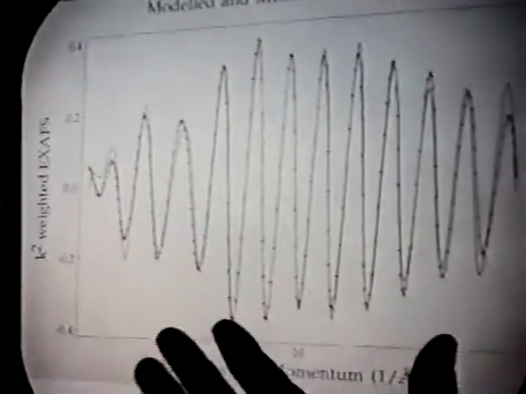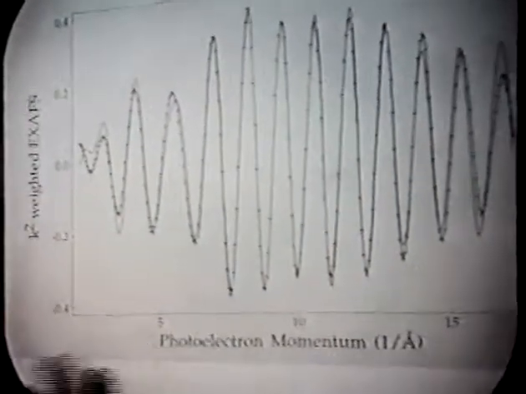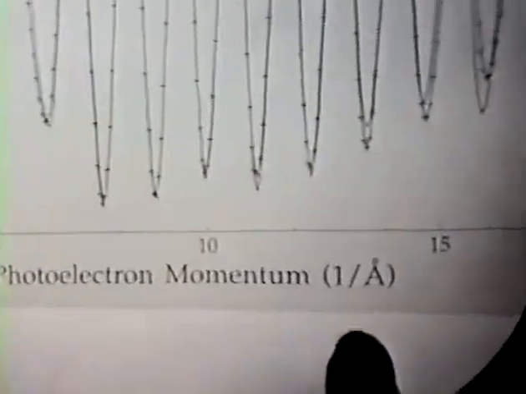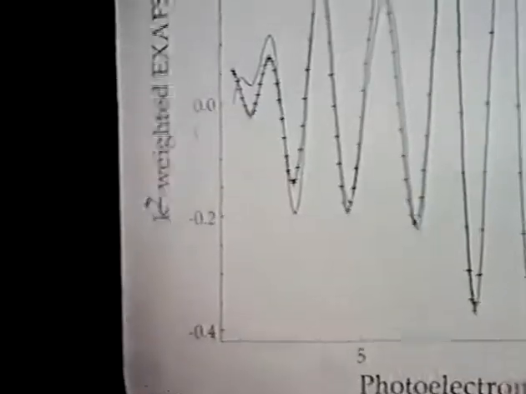Fine. If we go now beyond the near edge and look at the XAPS, here's the k-squared weighted XAPS function against k in momentum space, compared to our fit to that.